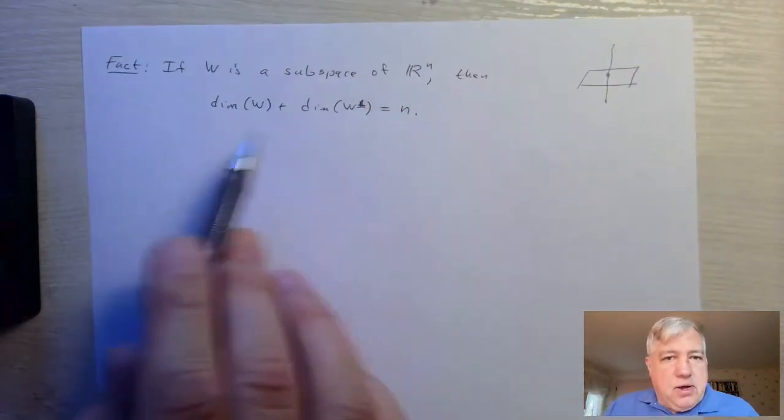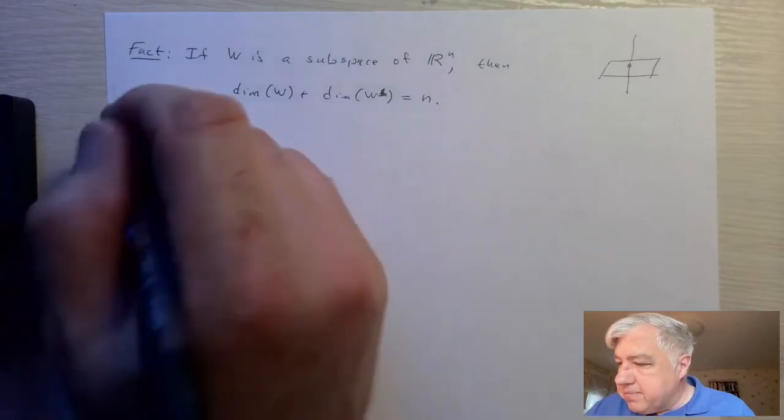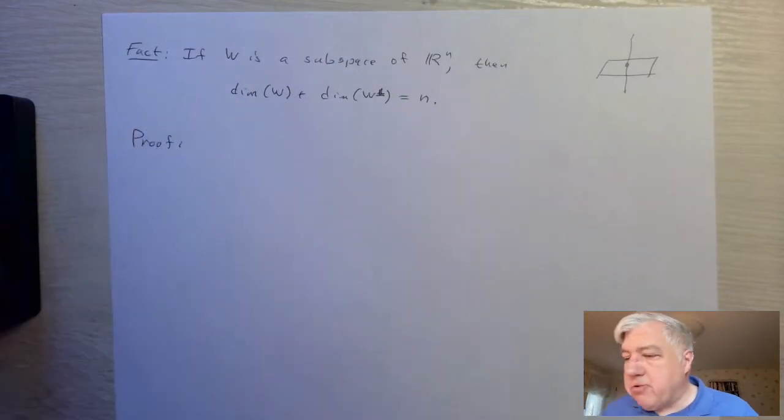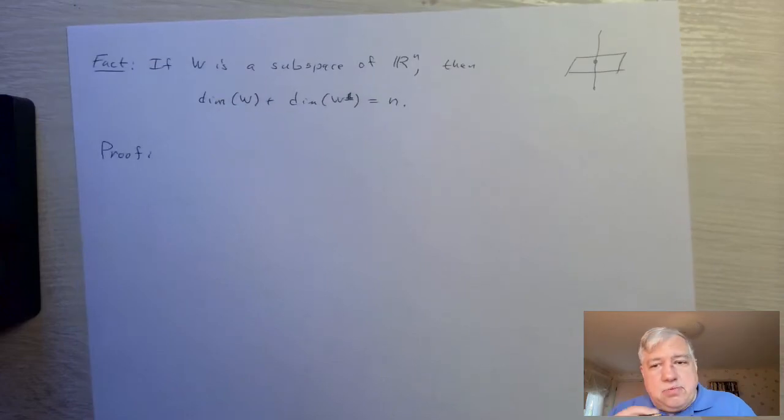So why is that here? Well, here's our proof of this important fact. What we're going to do again is cheat a little bit and use the fact that every subspace has its own orthogonal basis, which we will prove in section 5.3.